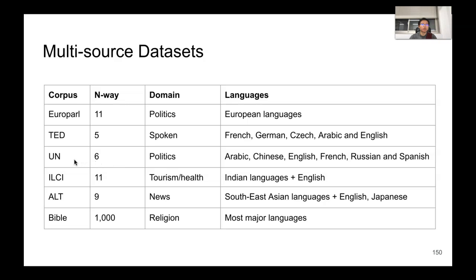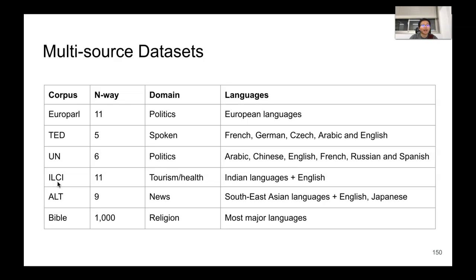The third corpus is the United Nations corpus, which is a 6-way corpus, and the domain is politics. It contains the official languages of the United Nations, which are Arabic, Chinese, English, French, Russian, and Spanish.